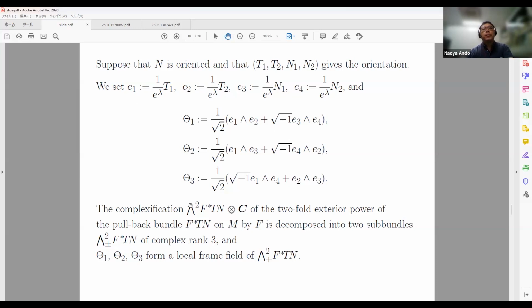The complexification of the twofold exterior power of the pullback bundle on the surface is decomposed into two sub-bundles of complex rank 3, and theta 1, theta 2, theta 3 form a local frame field of this sub-bundle. And theta 1 bar, theta 2 bar, theta 3 bar, the conjugates of these, form a local frame field of the other sub-bundle.